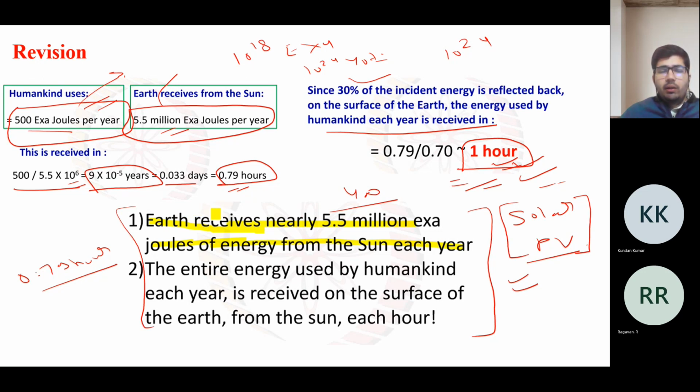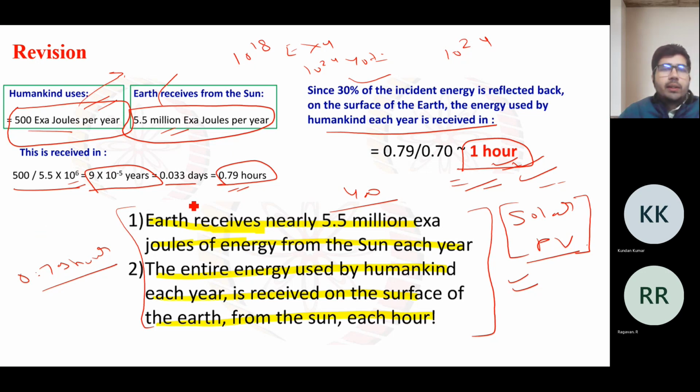So in 1 hour we receive the complete energy that we use in 1 year. The entire energy used by humankind each year is received on the surface of the earth from the sun each hour. That is a very important aspect.